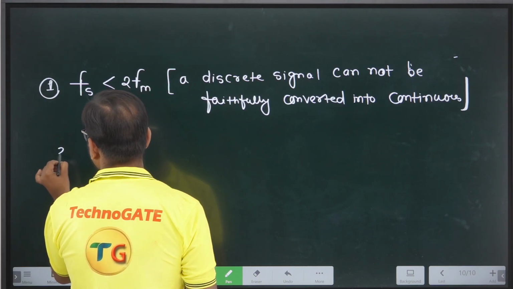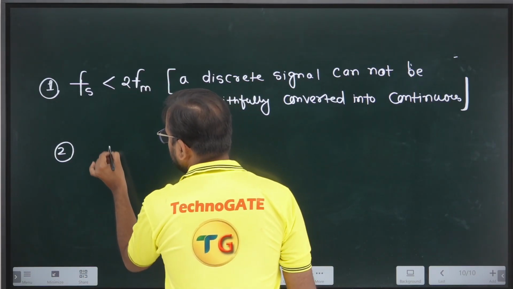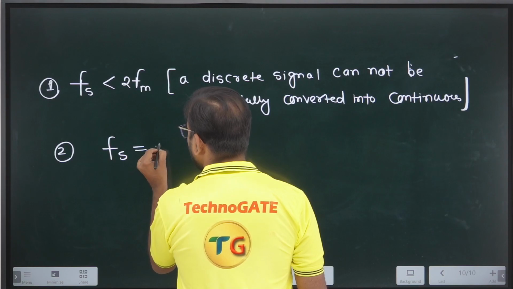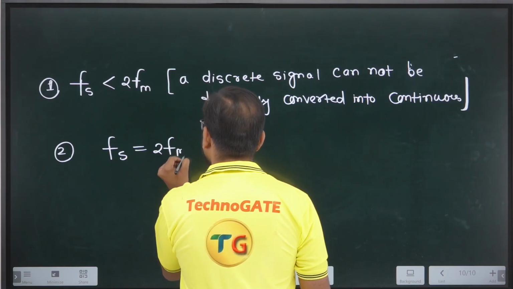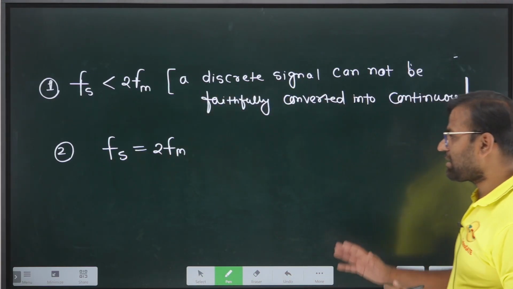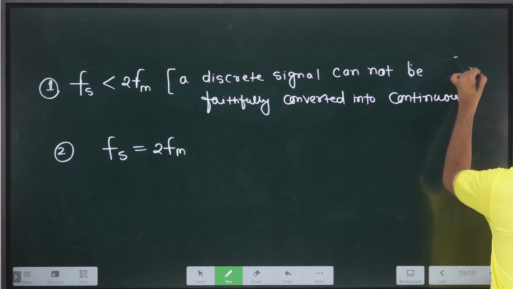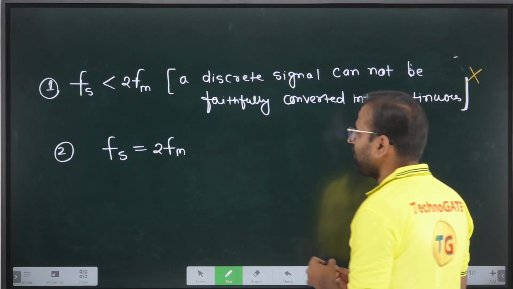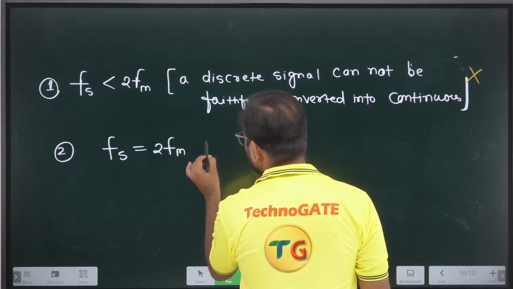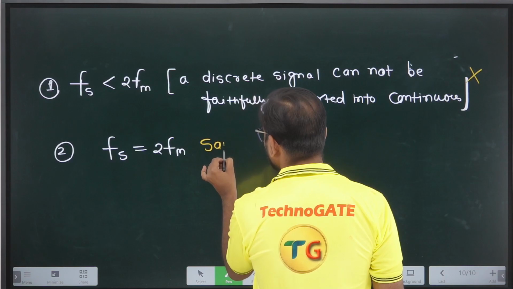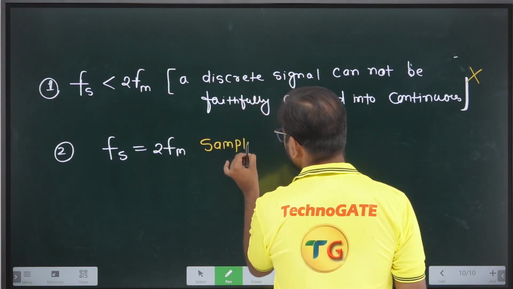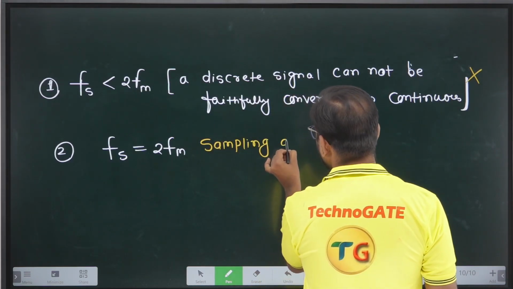Second, when Fs is equal to twice Fm, this is known as sampling at Nyquist rate. This is satisfying the Nyquist criteria.